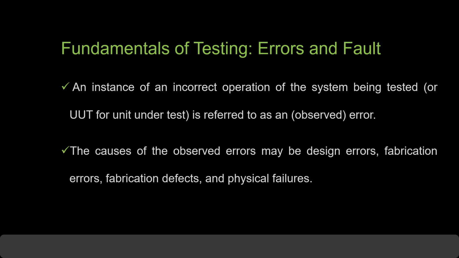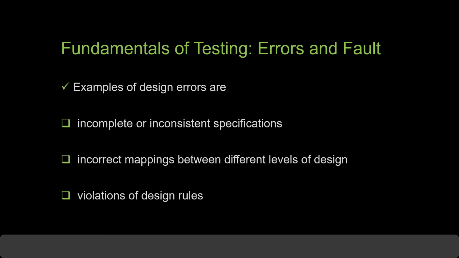For example, an error observed at the diagnostic programming level may appear as an incorrect result of an arithmetic operation. The causes of observed errors may be design errors, fabrication errors, fabrication defects, or physical failures.